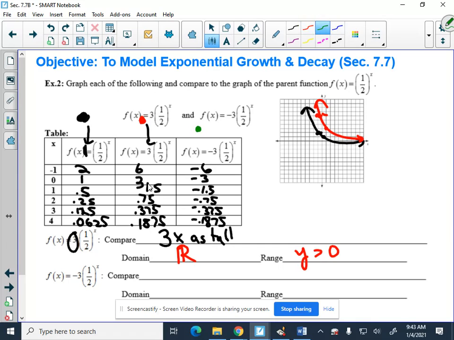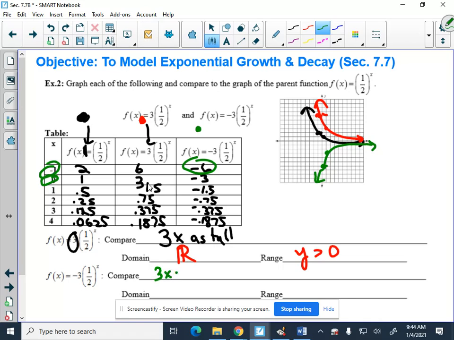This one I'm going to graph in green. At -1 for x, I'm going to go down 6. Then at 0, I'm going to go down 3. How does it compare?